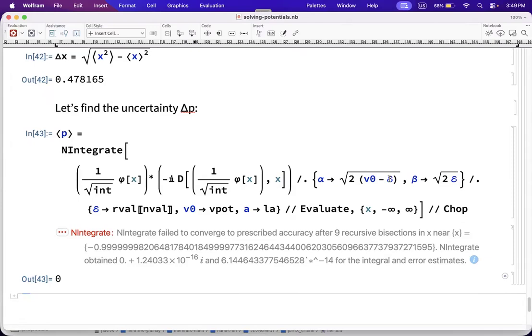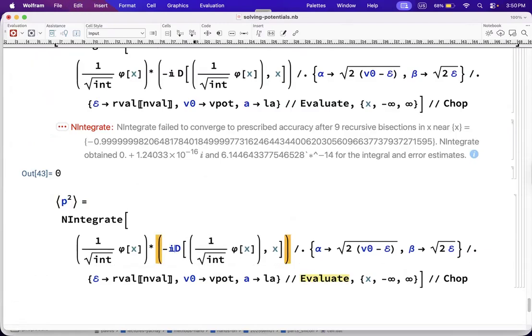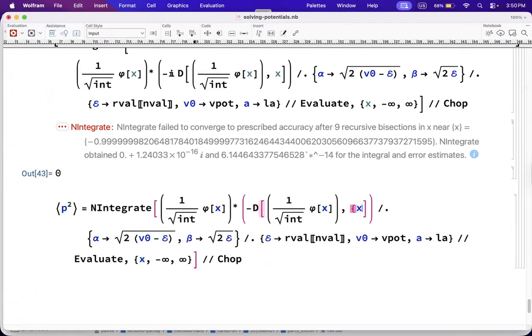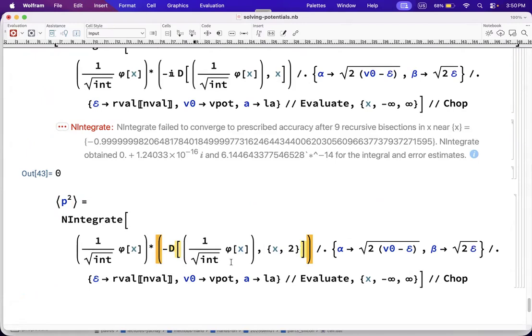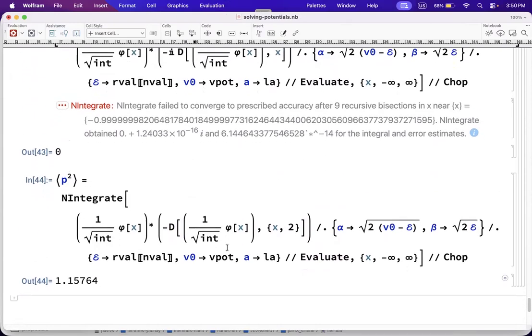So for p squared, I'm going to copy this, paste it here. So p squared will be this, minus the second derivative. How to put the second derivative? We put it like this here. This is the second derivative of my wave function with respect to x. Minus, because we have this from this result. Remember that this is in atomic units.